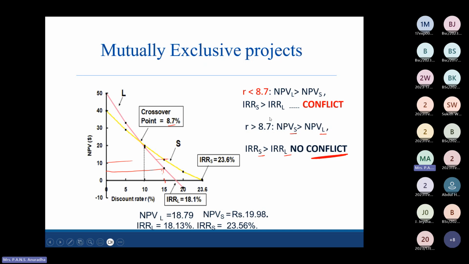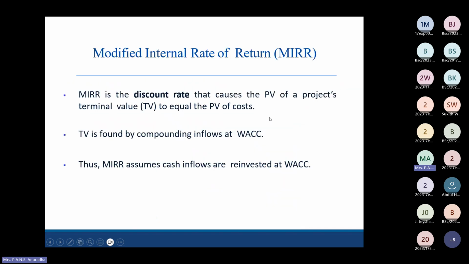You can overcome this problem by calculating the modified internal rate of return, or MIRR. So what is this modified internal rate of return? Very simple. It is the discount rate that causes the present value of the project's terminal value to equal the present value of the cost.